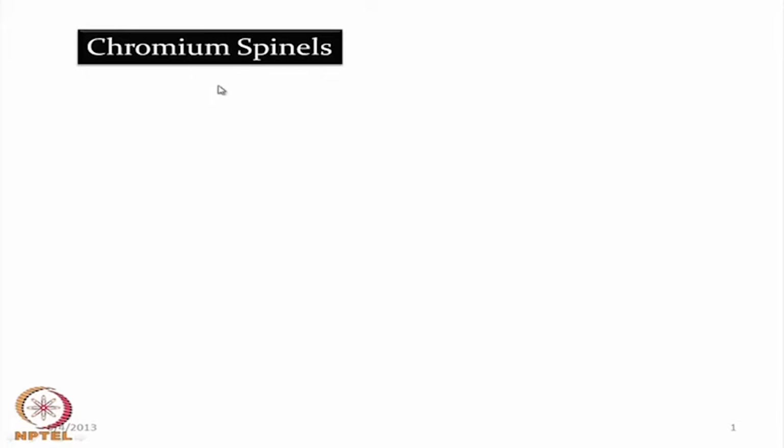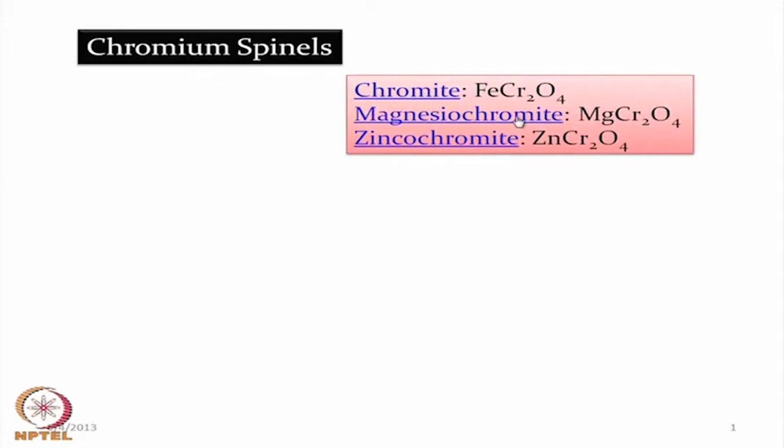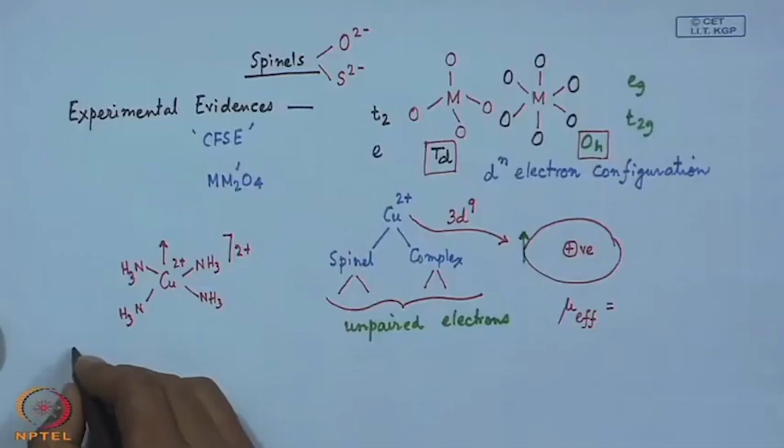Similarly, in the case of these chromium spinels, there are 3 or 4 examples. The first one is very well known due to its presence as a mineral system: chromite.